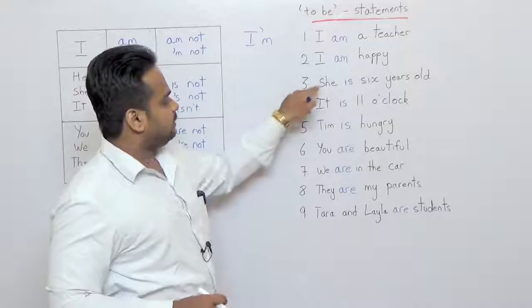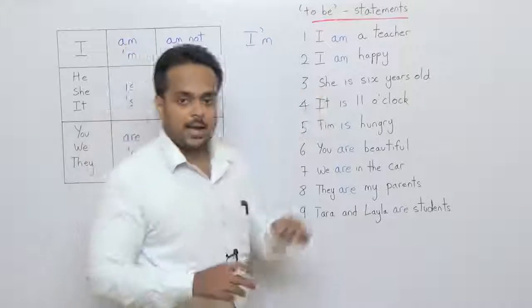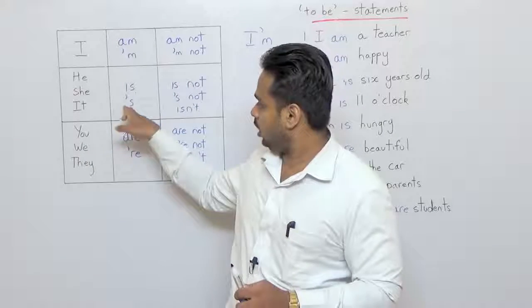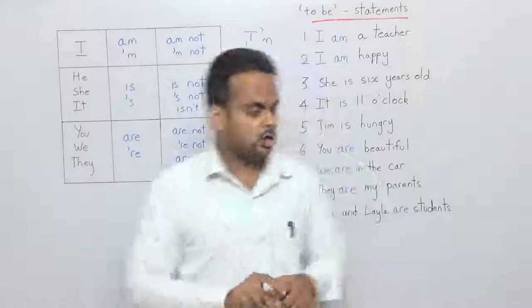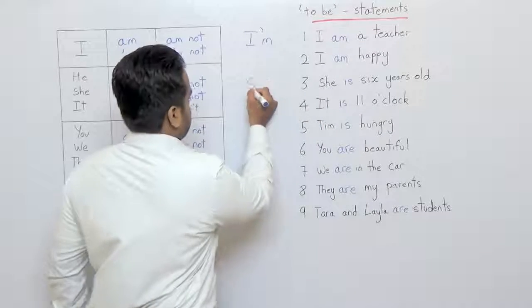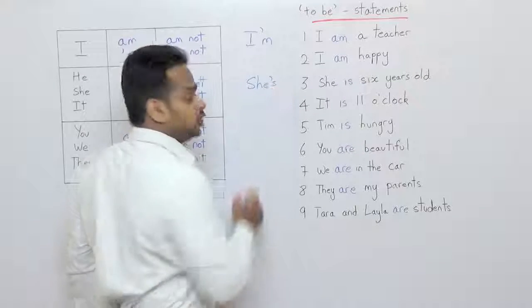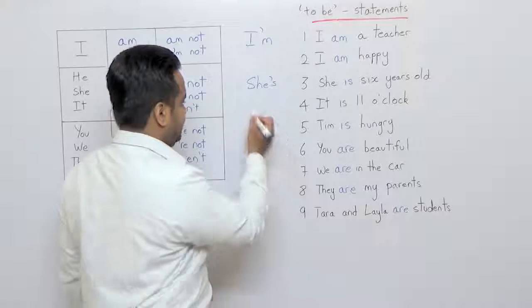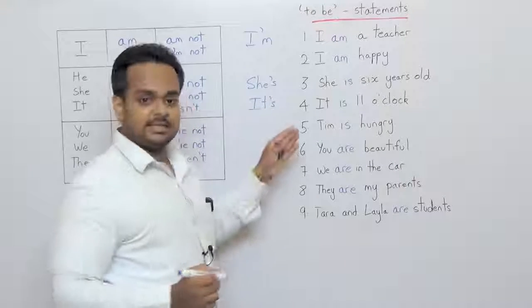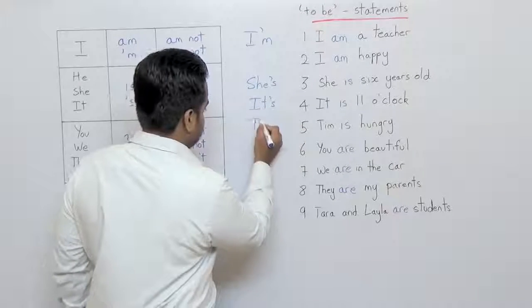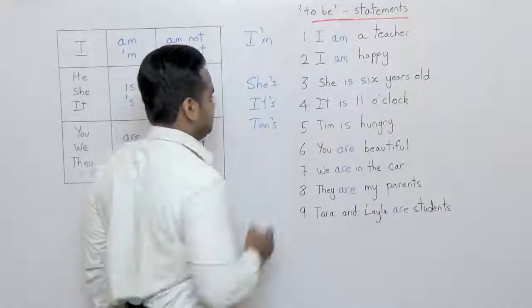In these examples, we simply take the subject and we use the short form, apostrophe S. That's called an apostrophe. So she is would be she's. It is would be it's. Tim is would be Tim's.